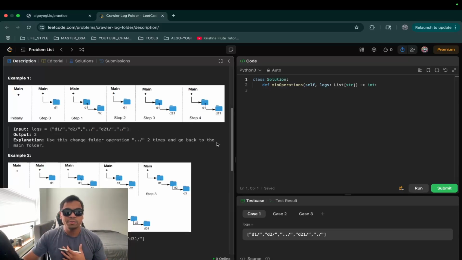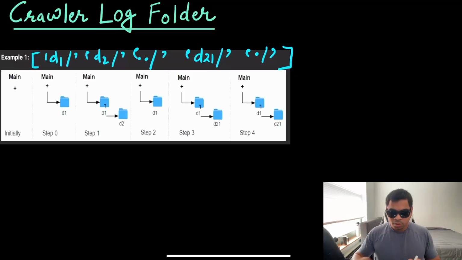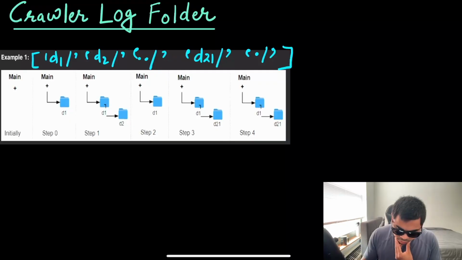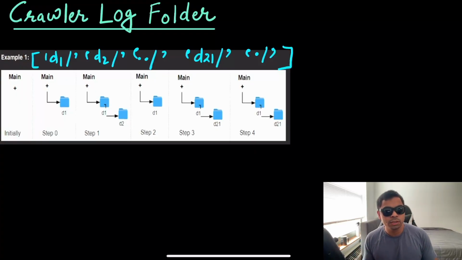Now after we are done, if you see this last step, and I would at this point switch to, all right, so I have written the logs, and that too, at each step that we will be performing, the current state of our folder hierarchy. So in the beginning, as you can see here, we have this empty hierarchy, which means we are in the main folder, right?